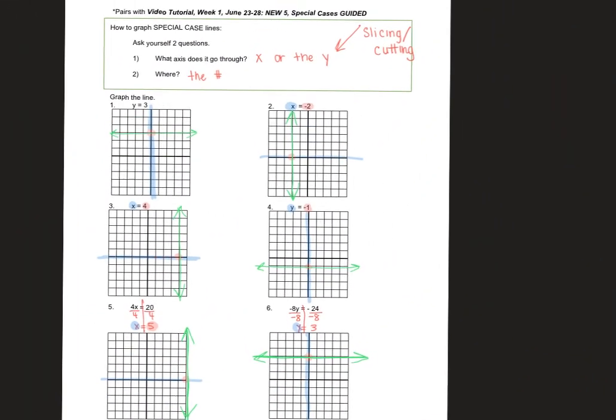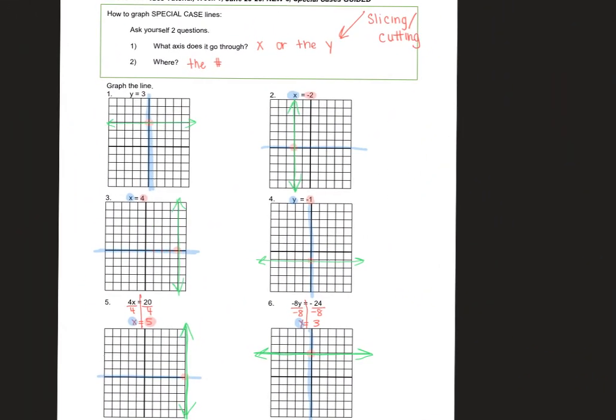So if you look, a couple things to notice. Special cases will happen when you have x equals a number or y equals a number, so you only have one variable. x equals a number will be a vertical line, while y equals a number will be a horizontal line.